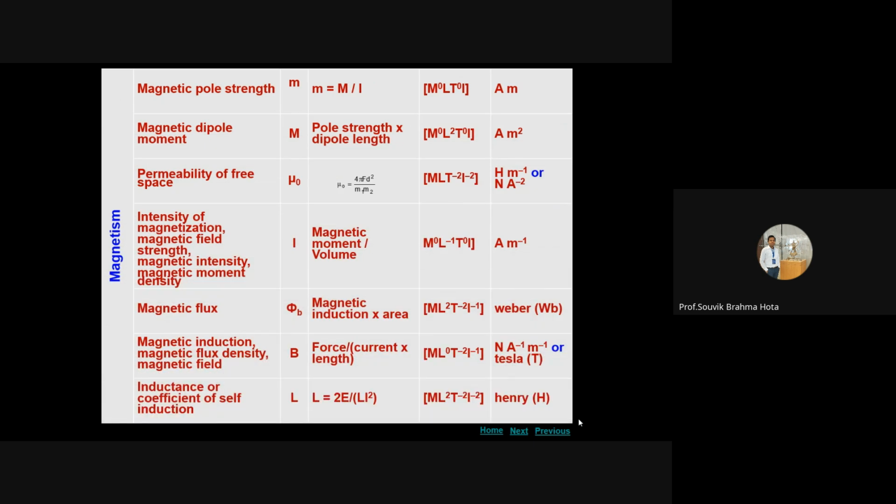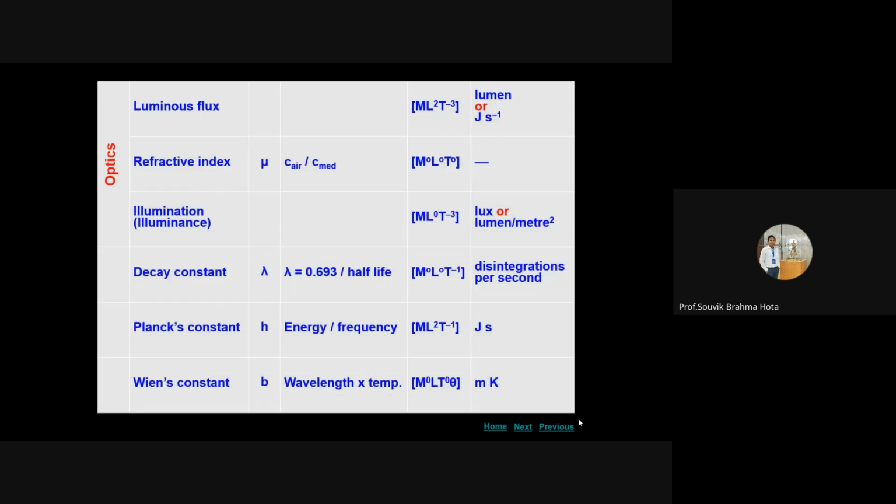In magnetism, magnetic flux, intensity of magnetic field, inductance, and magnetic induction are repeatedly asked. In optics, refractive index, luminance that is lumen per meter square, decay constant, Planck constant, and Wien's constant are repeatedly asked.